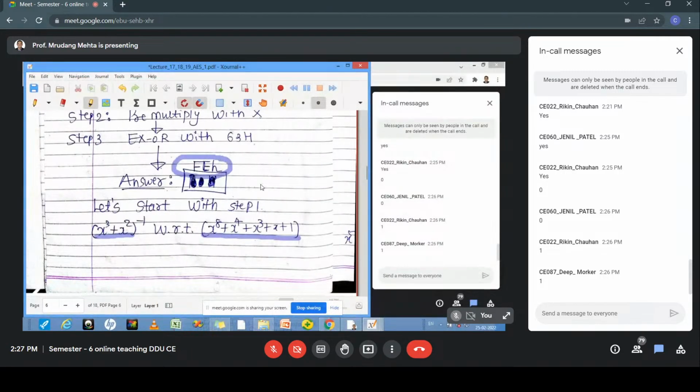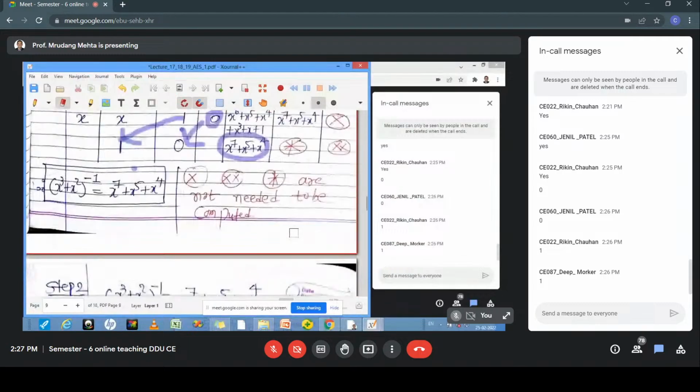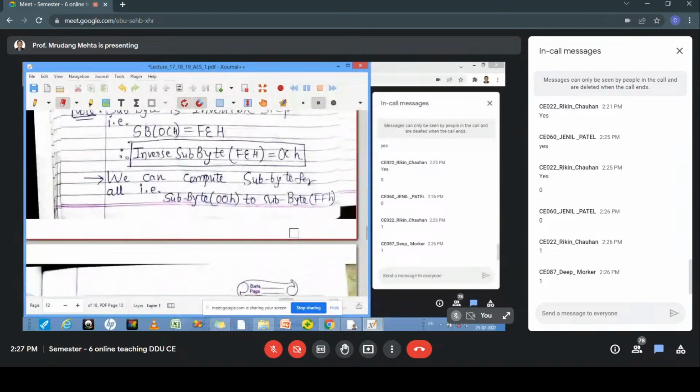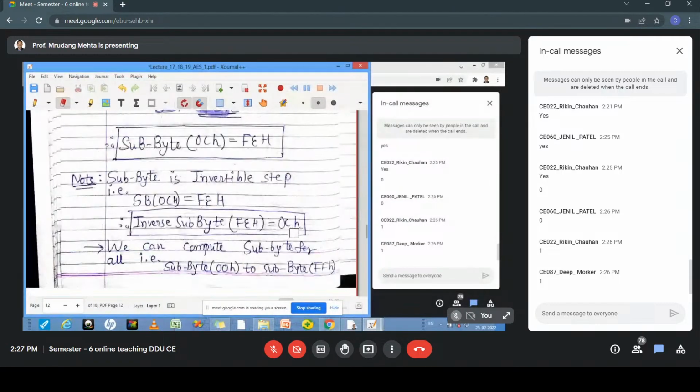Clear, all of you? Yes, all of you have understood? So sub-byte is an invertible step and SB of 0CH is equal to FEH.